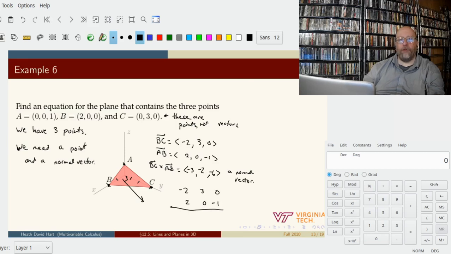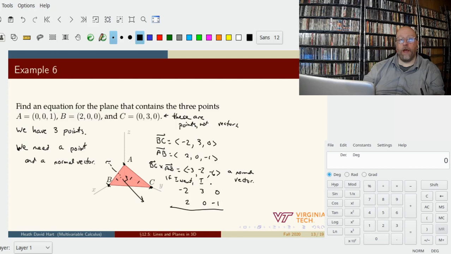Now, I got 3 negative coordinates because I calculated, it turns out, the normal vector that points on that side where everything's moving in the negative direction. If I want, I can use the positive version of that vector also.